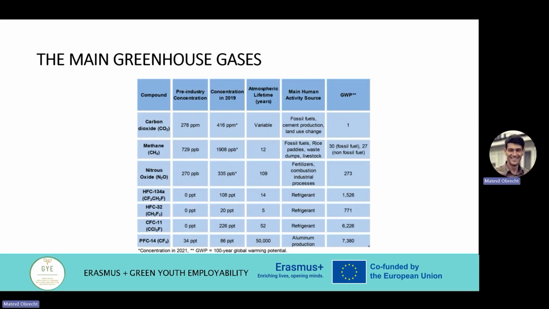So we can see that carbon dioxide itself is not harmful for the environment. We have it if we drink Coca-Cola or mineral water, we have carbon dioxide inside it. So it is not directly harmful for human health. The tricky part is when the concentration in the atmosphere goes too high.